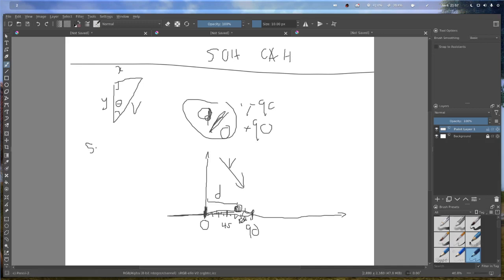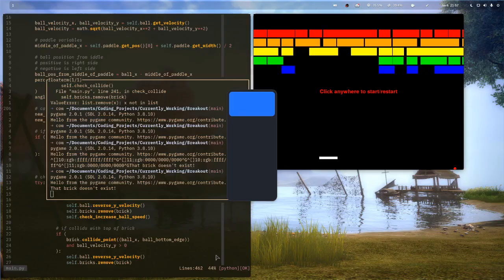So if you remember correctly, sine theta is equal to opposite, which is X, over hypotenuse, which is V. So X is just going to be equal to sine theta multiplied by our velocity. And our Y is going to be similar, but it's going to be adjacent, so it's cosine of theta multiplied by velocity. That's how you find your X and Y. You plug that into your ball, and that is the new angle.